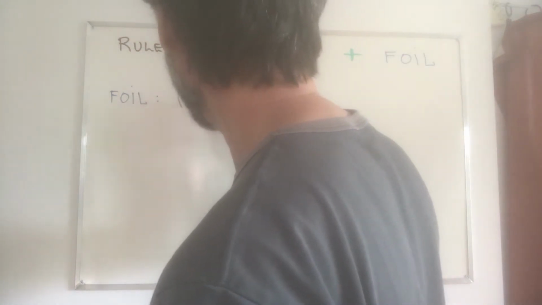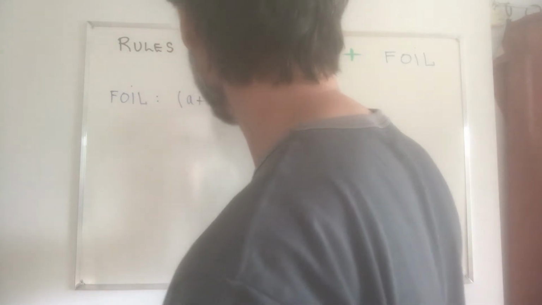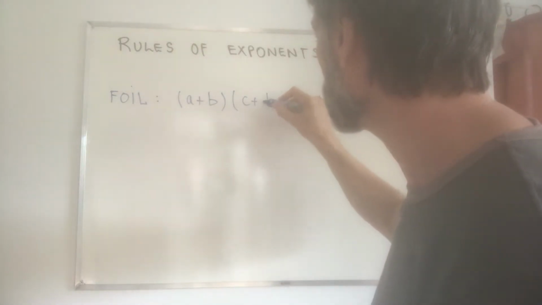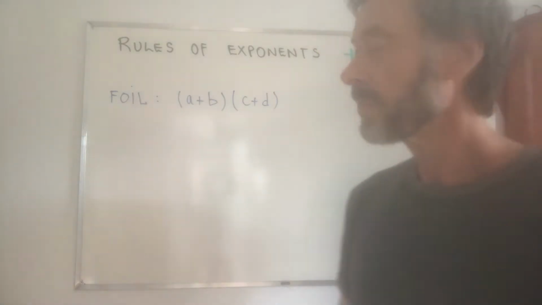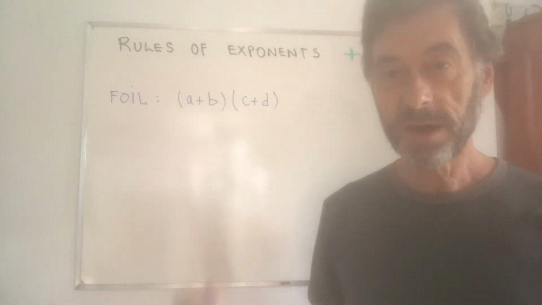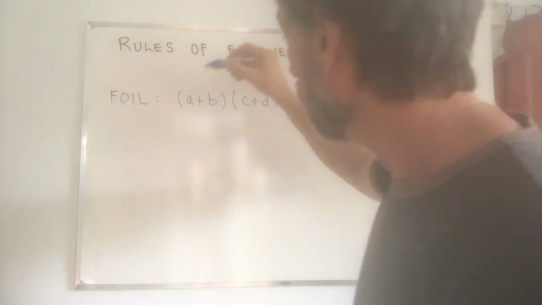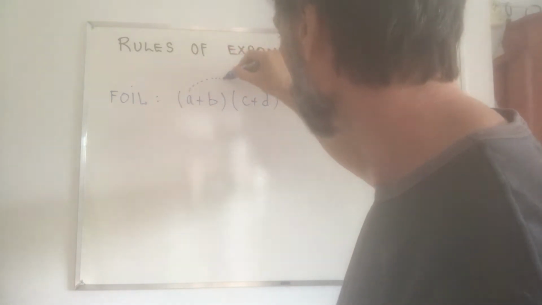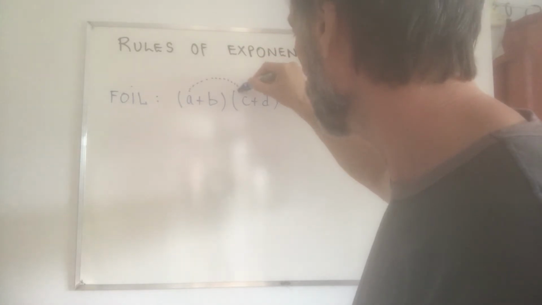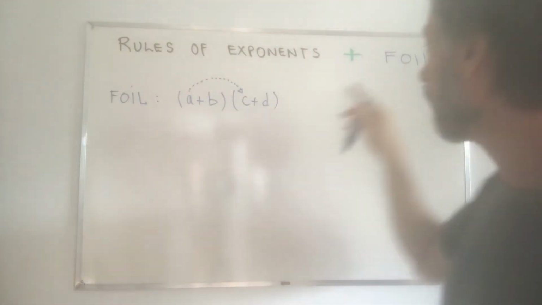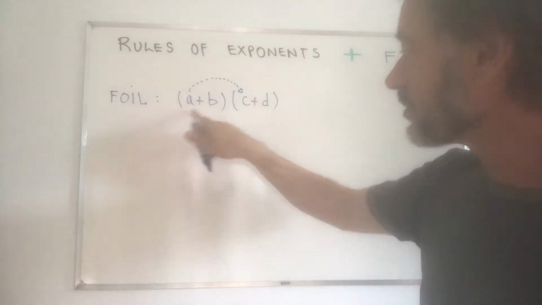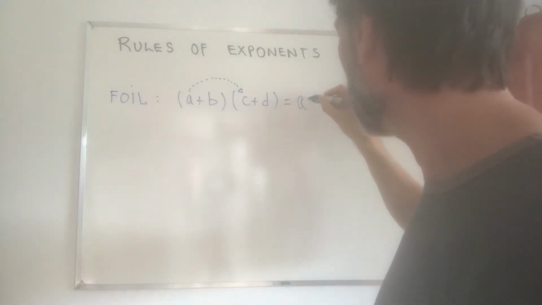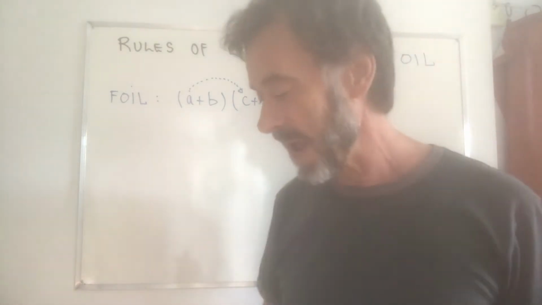If you have A plus B that multiplies C plus D, the best way to actually take care of an expression like this is to FOIL. So basically, first with first. So A times C, that's the F in FOIL. F for first terms. So that would be AC, like in air condition on a hot summer day.